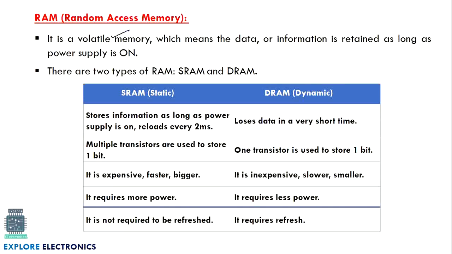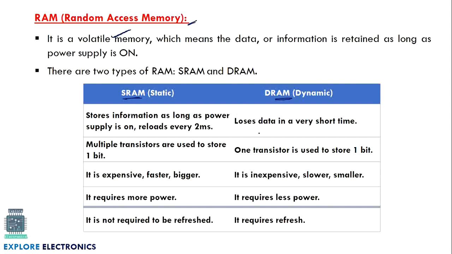This is volatile memory, meaning whenever the power goes off, the data stored in the RAM is going to be deleted. Remember, volatile means whenever the power is on, it will hold the data. When power is off, the data is going to vanish. That is RAM. And the two types of RAM are SRAM, static RAM, and DRAM, dynamic RAM.